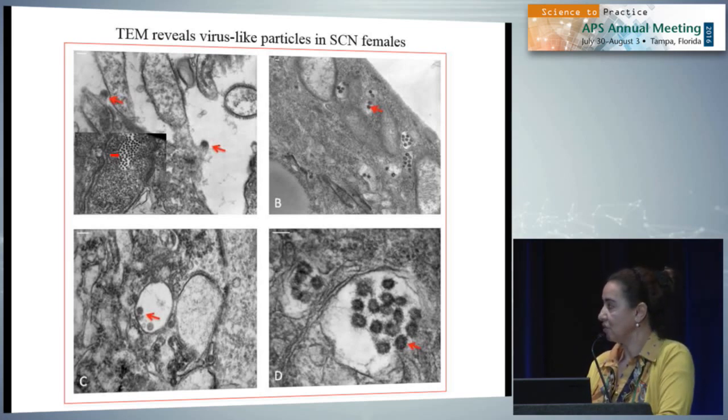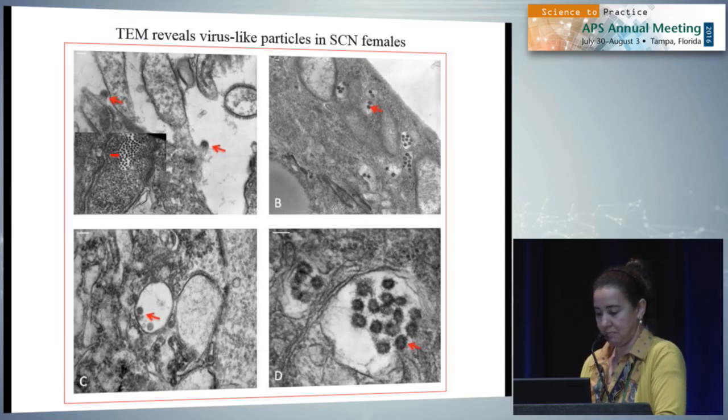Those are sections from electron micrographs from some of the infected females. And as you can see, there is evidence of what you call viral factories, for example, in pollen A, and some budding of membrane, budding of the viruses.